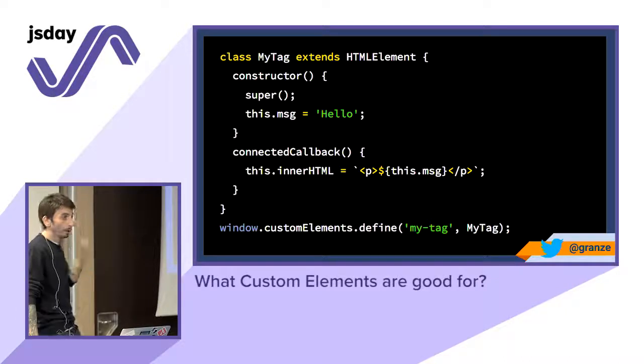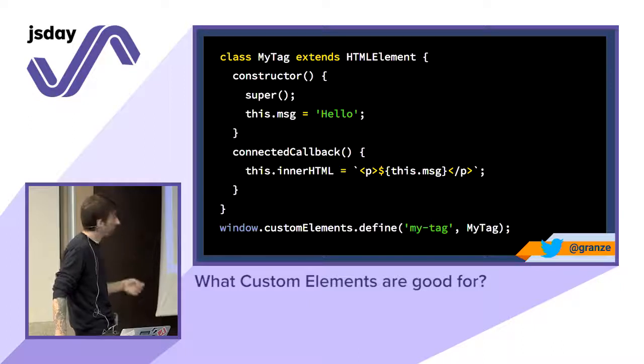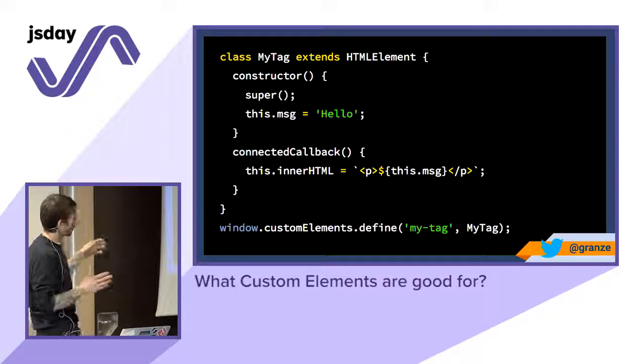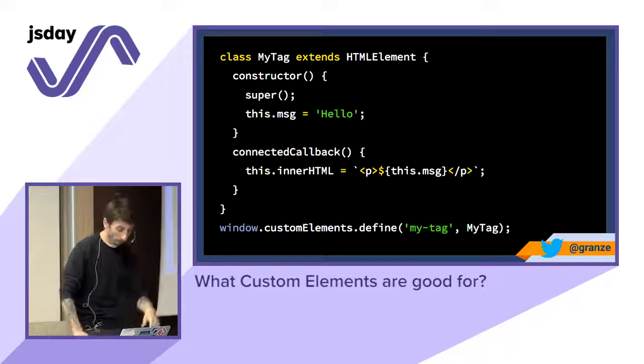And in, I think, every language, the constructor is used to set up your class, so as to initialize some properties and stuff like that. In the connectedCallback, when the component is actually ready, I can put some content in the component. And after that, I need to define my custom element and reference the class I just created with a name, the name of the tag.